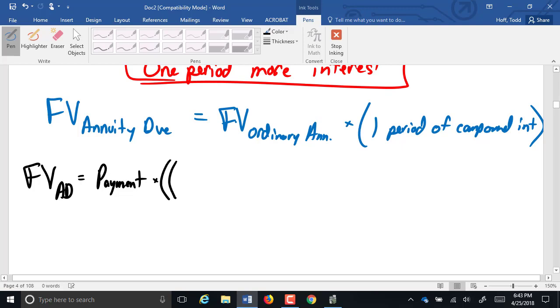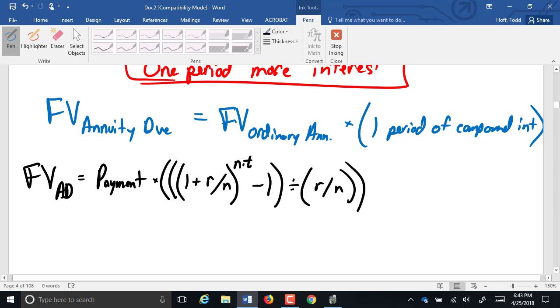Times open parentheses, open parentheses, 1 plus R divided by N, close parentheses, power of N times T, minus 1, close parentheses, divided by, open parentheses, R divided by N, close and close.